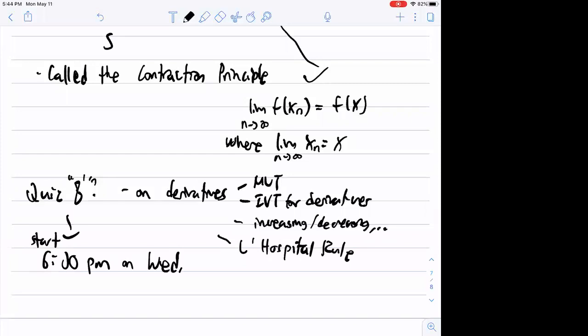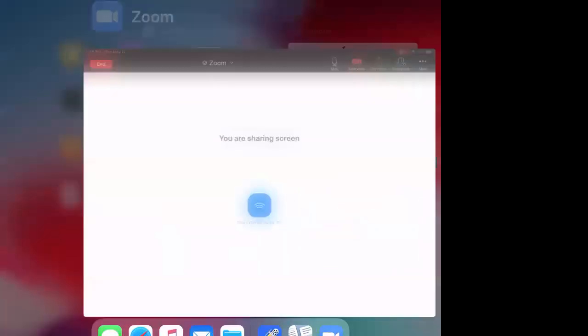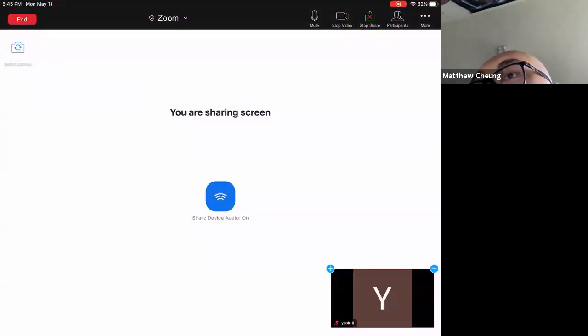Only one part of the quiz is on L'Hopital, so most of it will be here. Any questions for today? Okay, great. Study chapter 29 pretty much, 29 and 30. I think IVT is 29, and L'Hopital is 30.